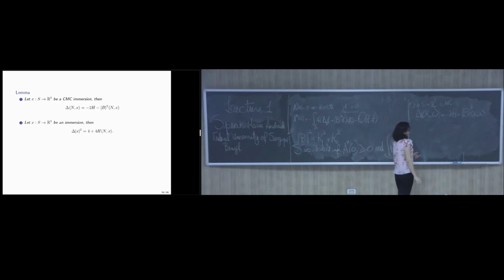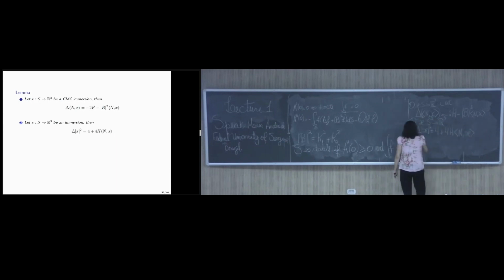Now, another result I need at this point: if you have a surface in Euclidean space, you can calculate this expression. Can you see my letters here or not? Okay. If you calculate this, you can see that you have the mean curvature and this.